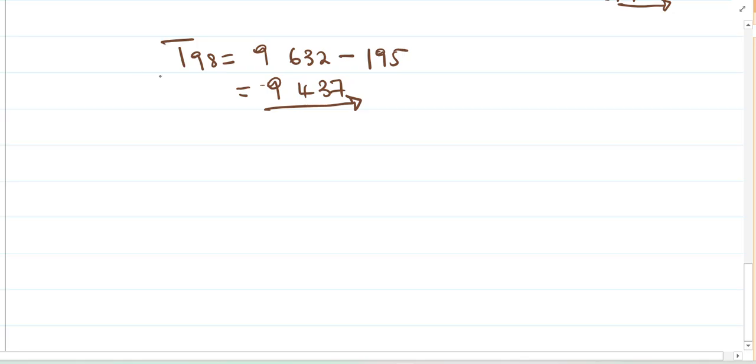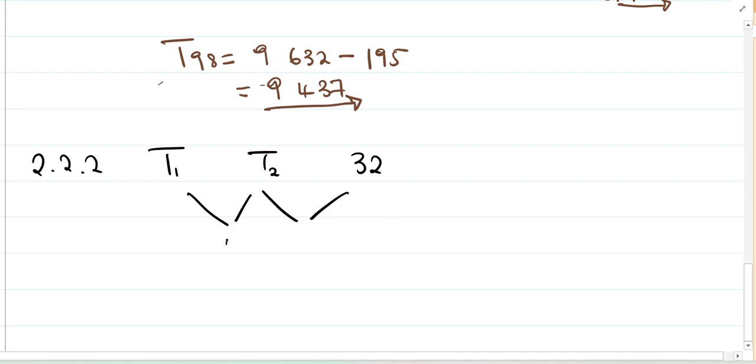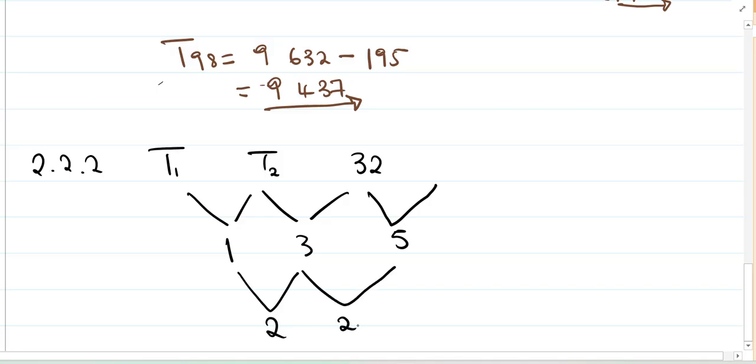We don't know what T1 is, we don't know what T2 is, but T3 is 32, and initially they had told us that this is 1, another one is 3, another one is 5, and so forth. So we had found that the second difference is 2.